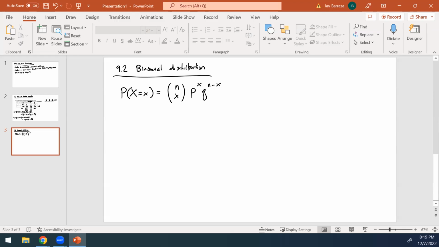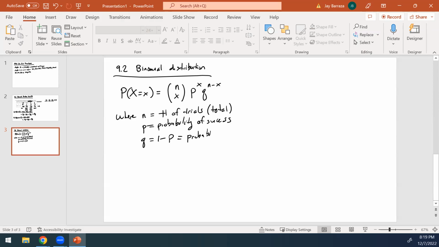Where n is equal to the number of trials, I like to say the total. P is the probability of success. Q is equal to 1 minus P, or the probability of failure.